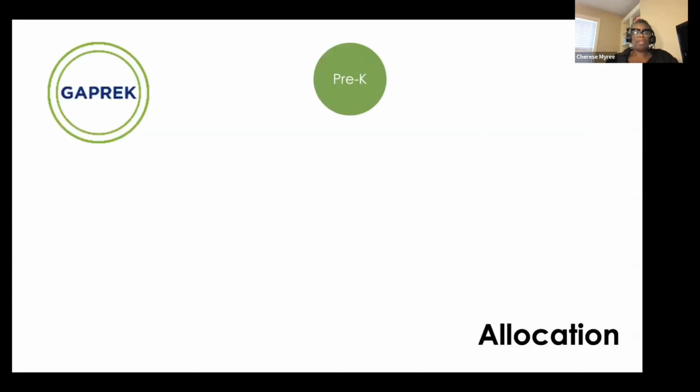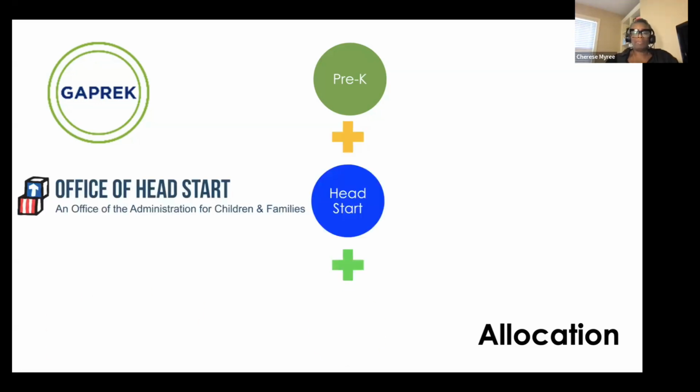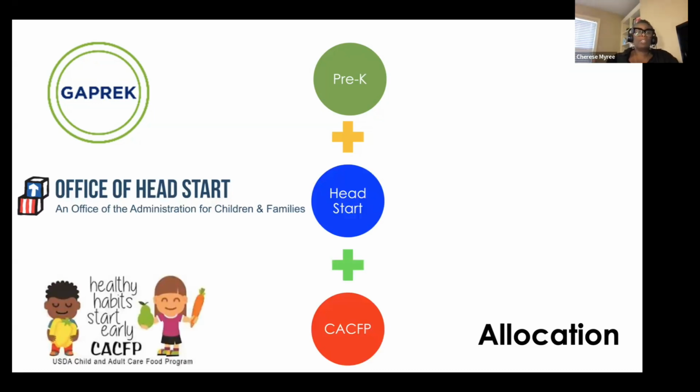So for example, if we're talking about rent or something like that, or food, and you had these different funding sources, you want to make sure that pre-K is only being allocated its fair share of that particular expense. When it comes to rent, the most logical basis would be something like square footage. You wouldn't use square footage to allocate something like photocopy costs because that is not a correlating basis for that particular cost.